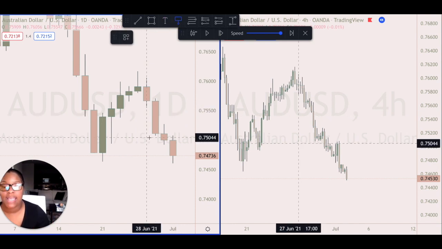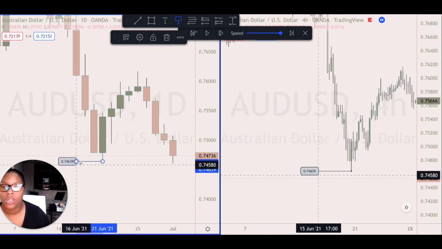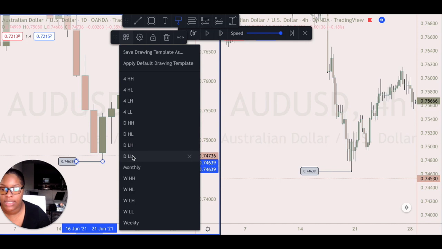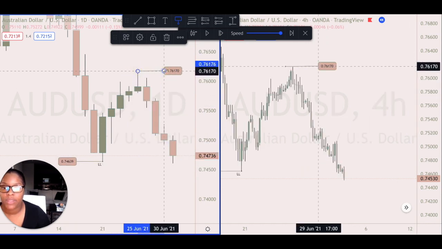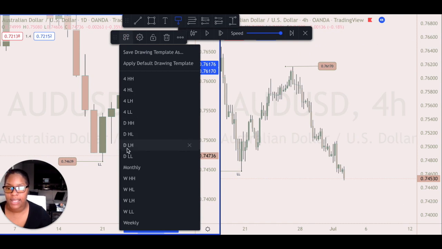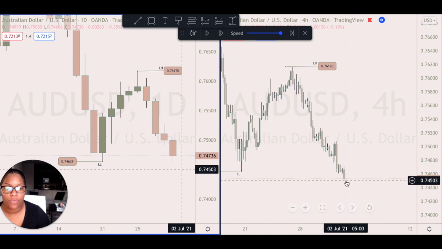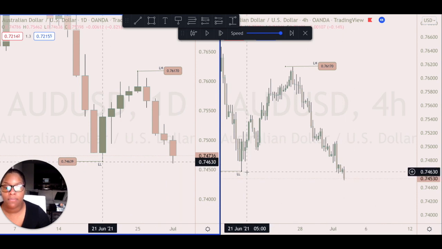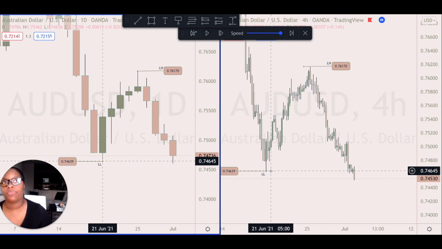And so I can see, as a collective here, this was the last lower low, okay? So daily lower low. And then this was the last daily lower high. The reason why this was the last daily lower high is because price right here at this wick, and you can see it better on the 4-hour, came and made a lower low at 0.74639. So same area.